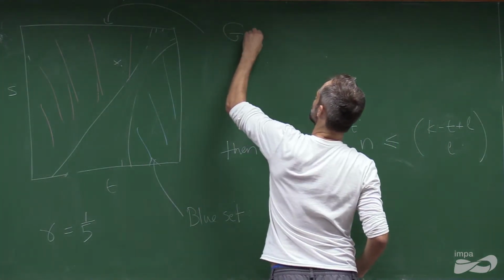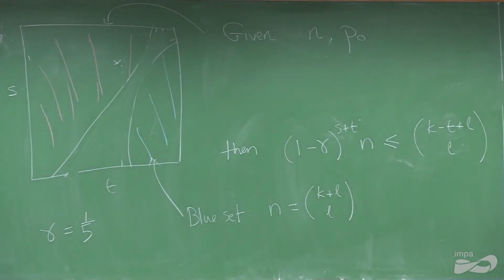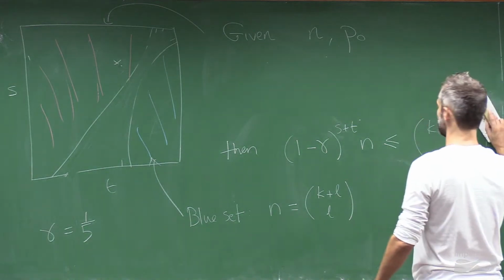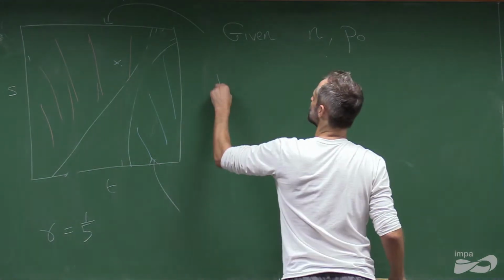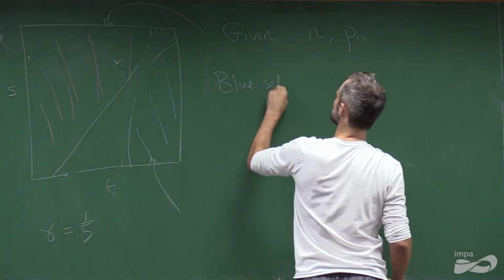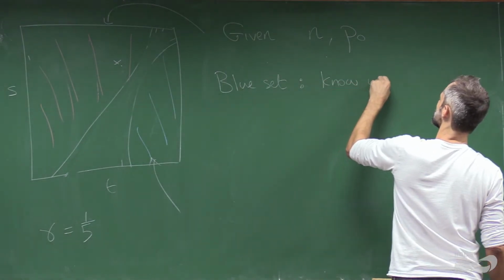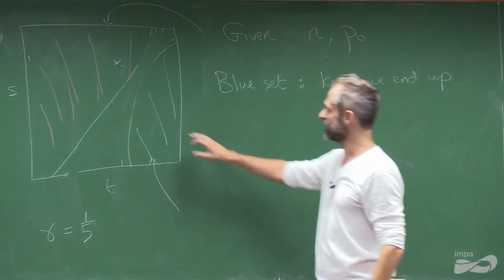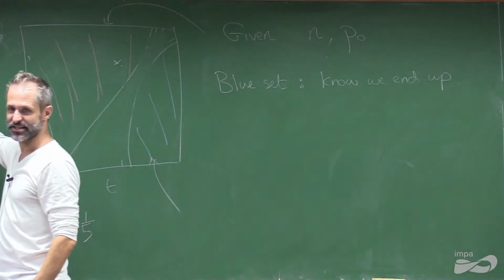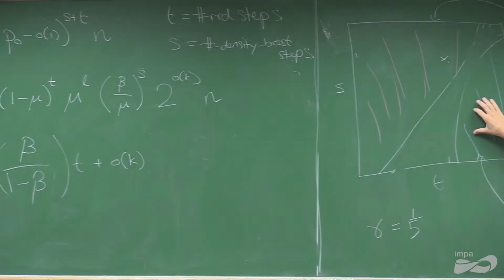So given n and p0, and mu and whatever, we can define the red and blue sets. The blue set is where we know we end up. So the pair S, T that we're given by the algorithm, at the point where X disappears, we don't get to choose exactly what T is or what S is, but we know it'll be somewhere in the blue set.